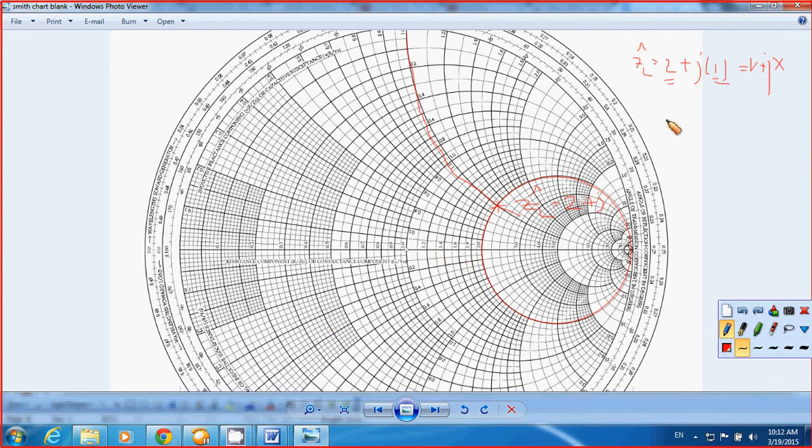And from here you can find gamma L. You can write gamma L as the magnitude of gamma L multiplied by the phase angle theta, or gamma L multiplied by the exponential of j theta. Okay, I'm going to show you how to get theta first.